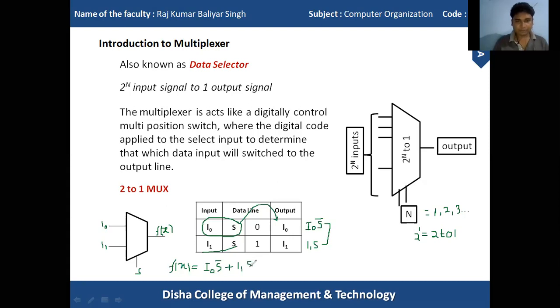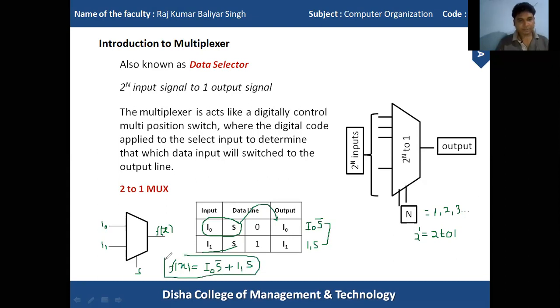So why do we decide that s-not is the complement value? Because when s is 0, it denotes the not operation. When s equals 1, it represents the non-complement value. So this is the final f of x.